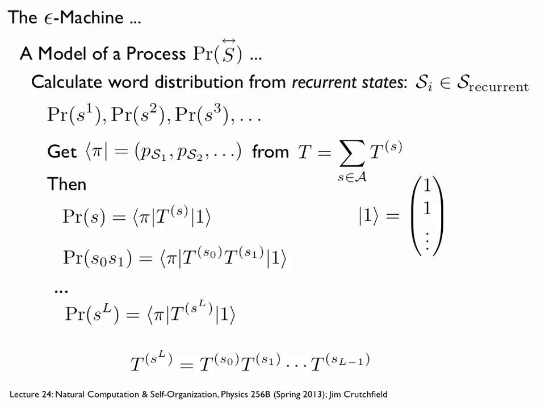This extends to 2 steps. Same idea. Row vector times now this product of the symbol-labeled transition matrix for the first symbol times the second symbol, and then I add them up with the column vector of ones. So in general, this is how we calculate the word probabilities if we want to use this method: I don't know what state I'm in, I'm going to assume it's the asymptotic state probability, and then I just calculate.